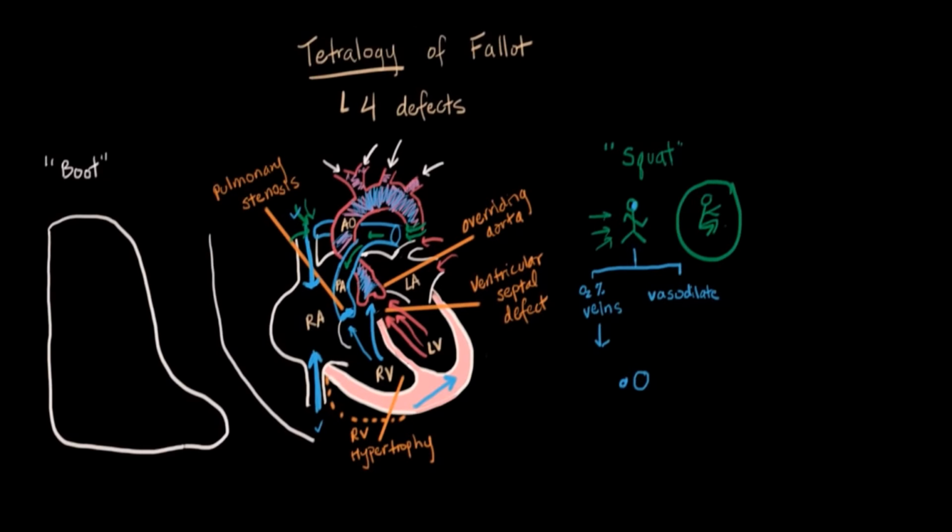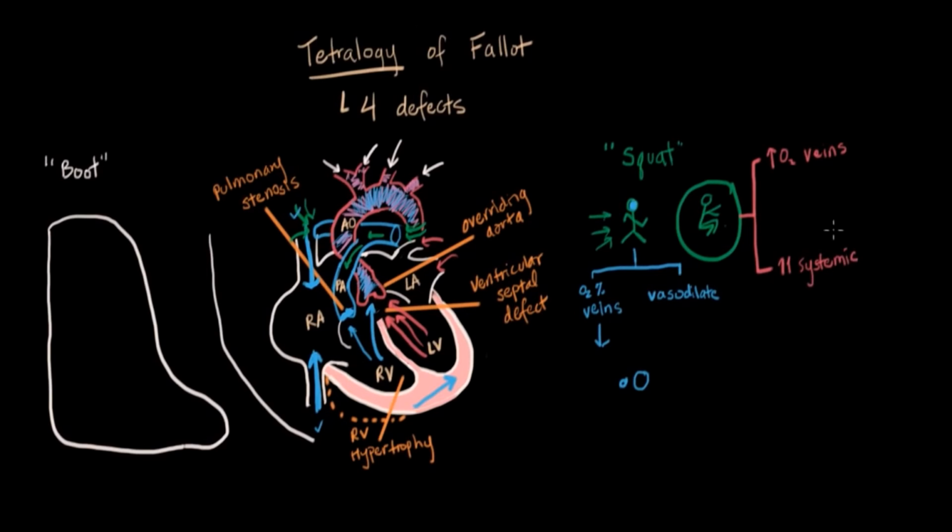So now this child is really not feeling well. And look, when they squat, both of these things are reversed. First of all, they've stopped running around, so the oxygen content in their veins can go up. So here they've got slightly higher oxygen content in their veins, just by stopping and trying to take deeper breaths. And secondly, they're literally taking the vessels in their legs and squeezing them, which increases their systemic resistance.